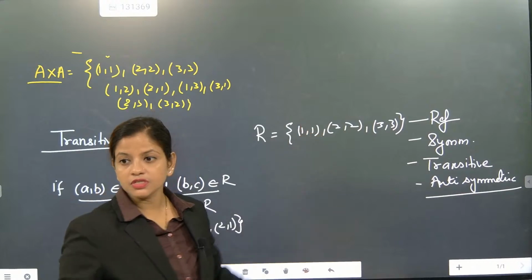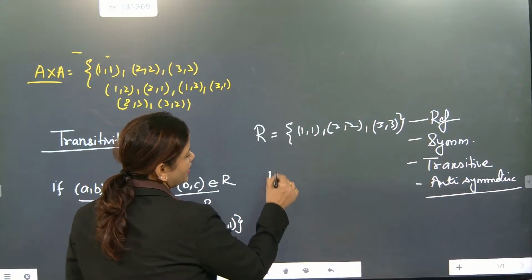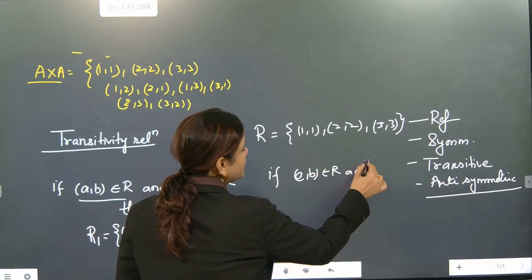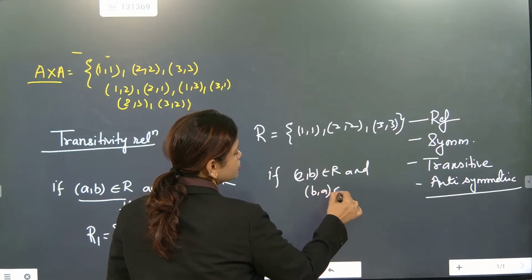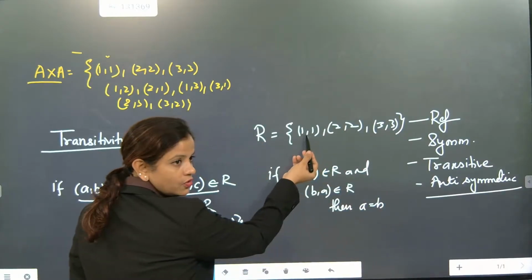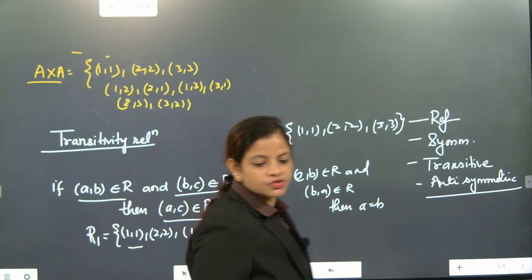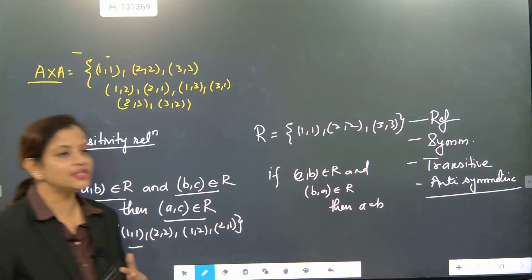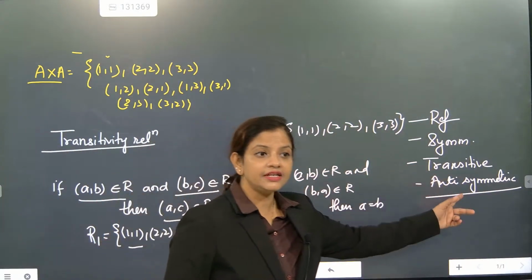Why antisymmetric? Because just now I told. What is the condition of antisymmetric? If A comma B belongs to R and B comma A belongs to R, then A is equal to B. Both elements are equal. So it is symmetric, reflexive, transitive, and antisymmetric also.